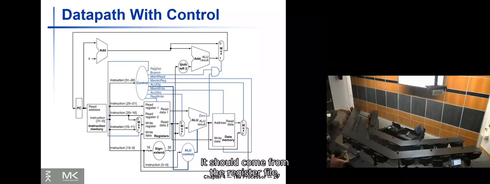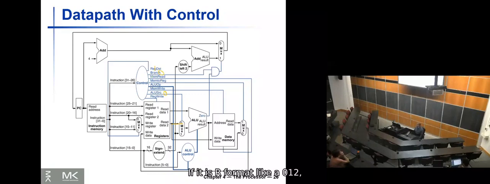For R format, it should come from the register file, so it should come from here. It means that the select should be 0, so ALU source will be 0. Branch is 0 because it is R format and it is not a branch.